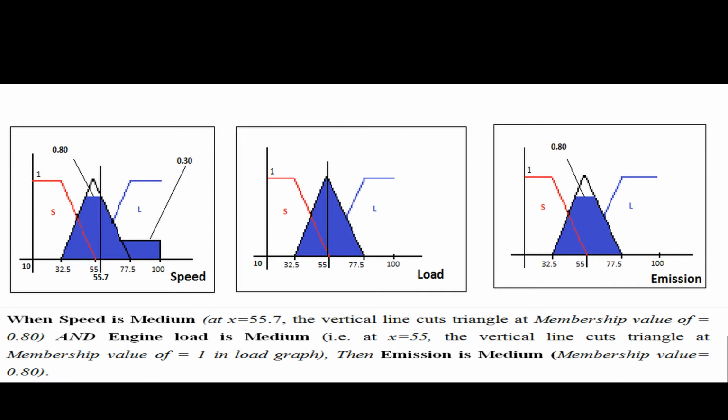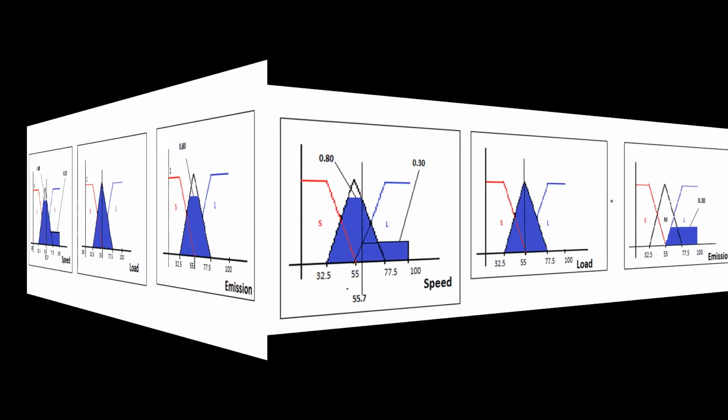In more detail, for rule number 1, when the speed is medium, the membership grade is 0.80, and for the load equal to medium, the membership grade is 1. The minimum of the two membership grades is propagated to the output, as shown in the graph, where the emission is 0.80. Now consider the second rule.